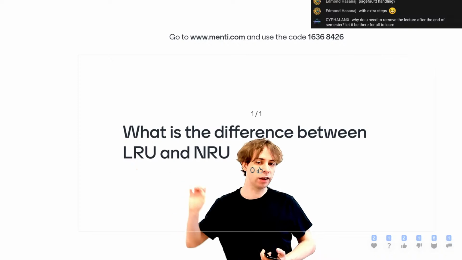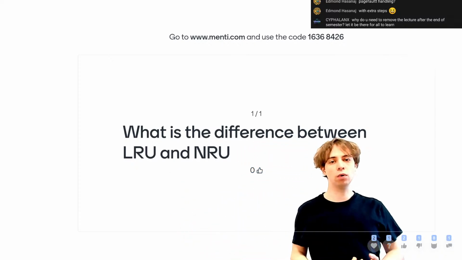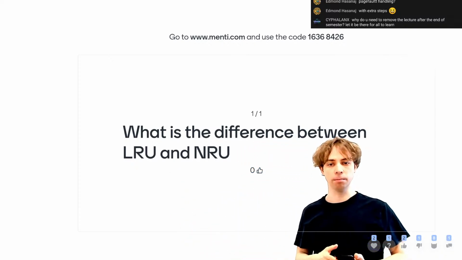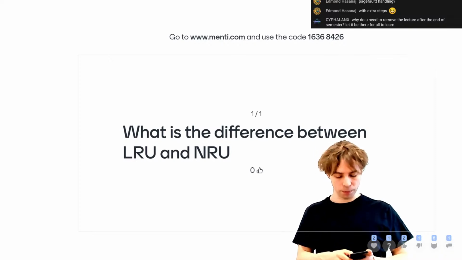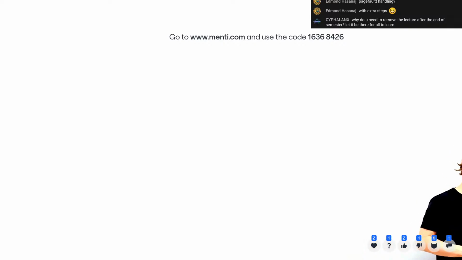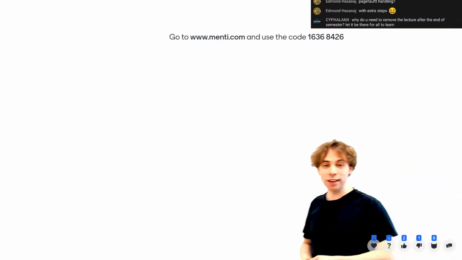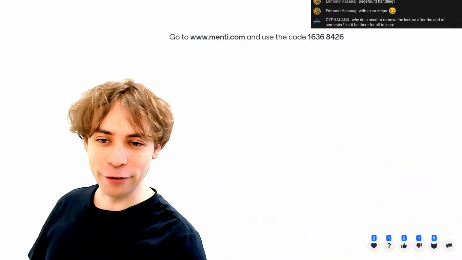So least recently used uses this to a higher degree. I hope this answers the question. If not, feel free to ask again. But now that we also saw least recently used, we can also talk about the differences here.